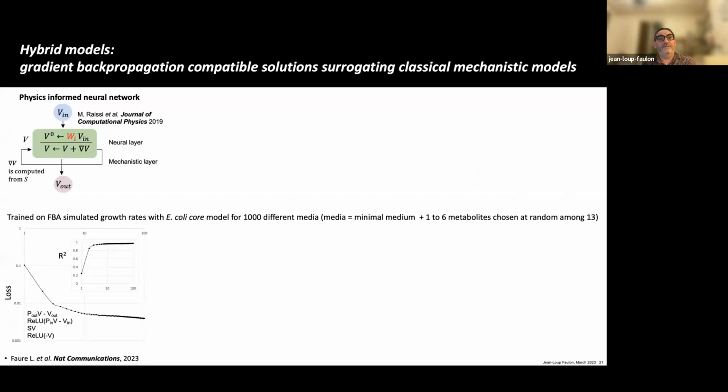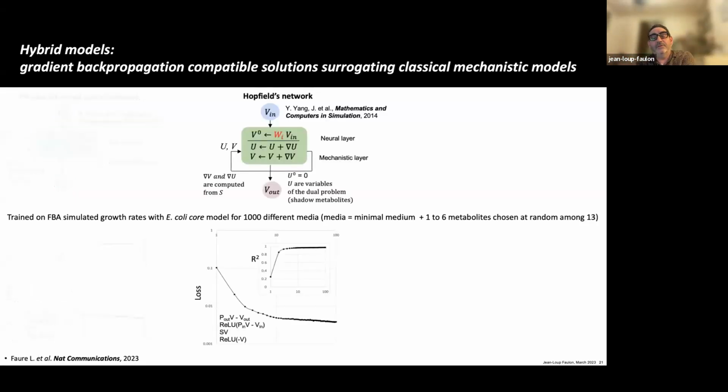It's called a physics-informed neural network. Basically, it's a surrogate of FBA that is gradient compatible. As you can see here, with few iterations, you can reach a very good correlation coefficient. And you also respect the constraints of your problem, in particular this equation SV equals 0.